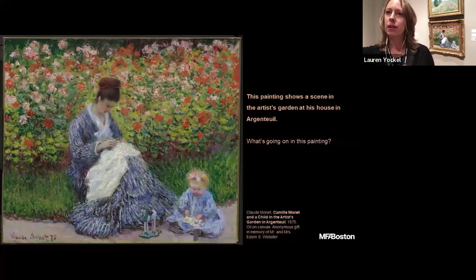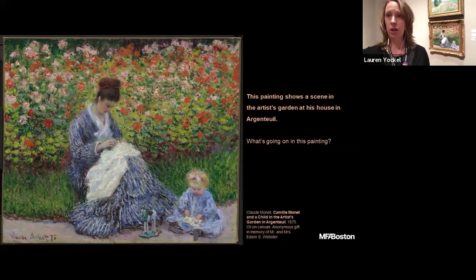All right, let's take a look at some of your responses in the chat of what you all were noticing in this painting. So I see some comments, we're noticing a garden. We see somebody sewing. Somebody's wondering if perhaps this is a mother and a child, because we see a figure on the left who looks like an older woman, and then maybe a young child on the right. It looks like they're outside.